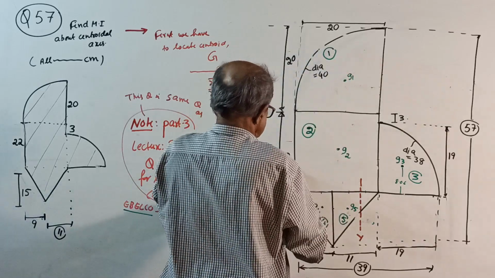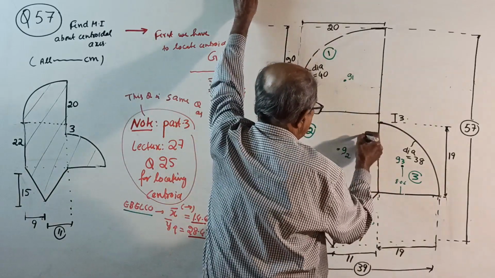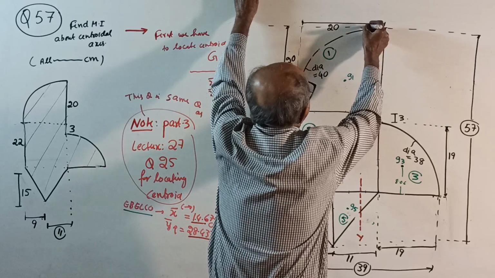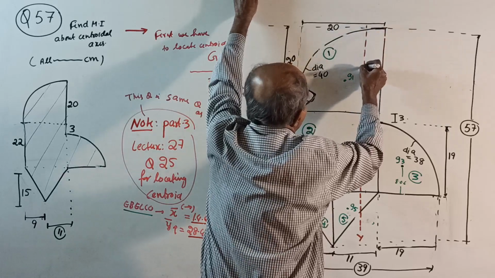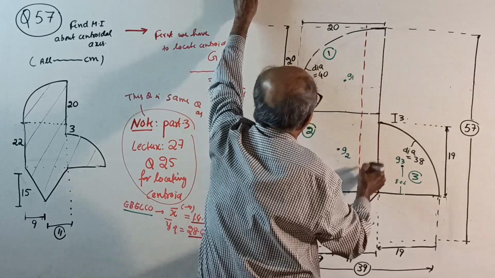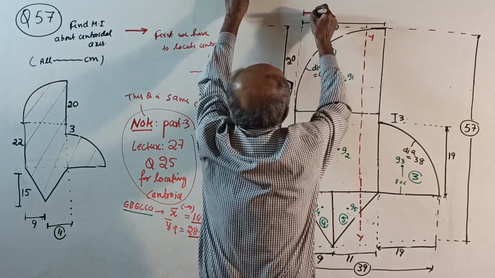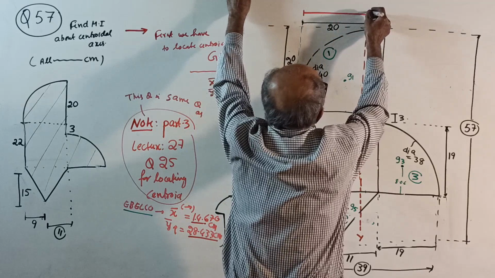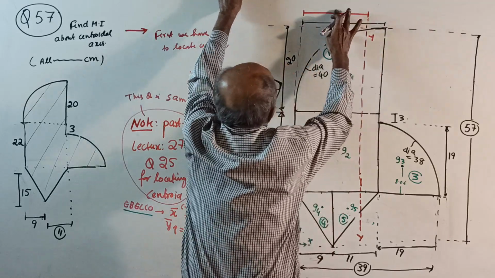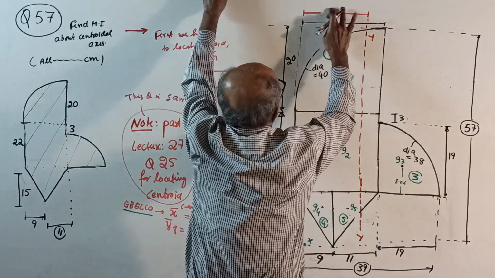Okay. Now see, this is your YY. Now from here to here, YY. Today there is a space problem. I will round off and write 14.67.